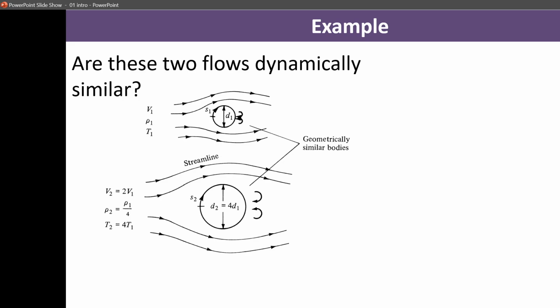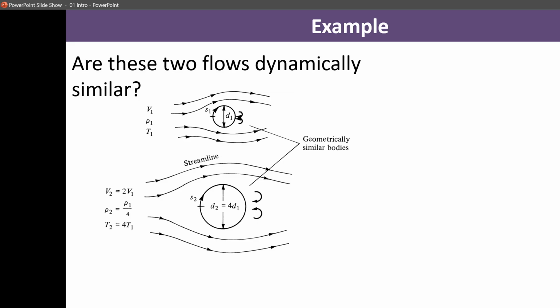And then the next flow that we have, which is geometrically similar, both of them are flows over spheres, has twice the velocity, 1/4 of density, 4 times the temperature, and 4 times the diameter. So these two flows are geometrically similar, but their conditions are different: velocity, density, temperature, and also the diameter.